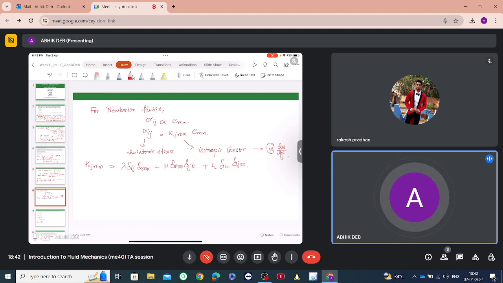Any isotropic tensor can be expressed in terms of the Kronecker delta.